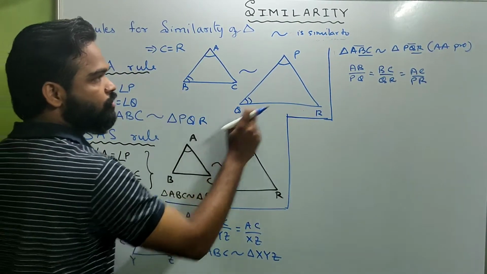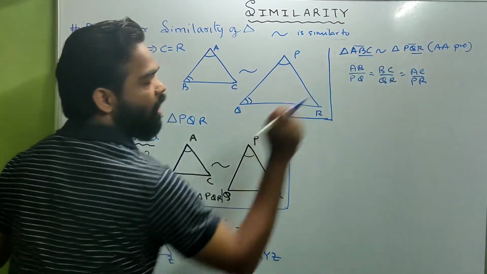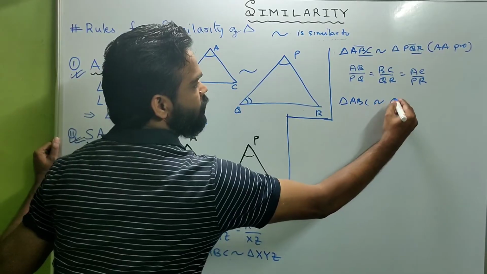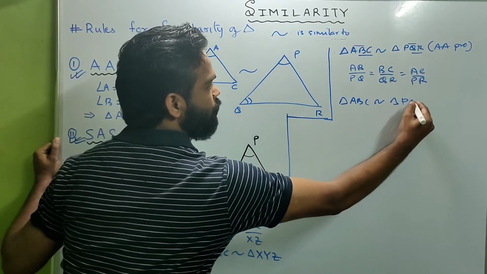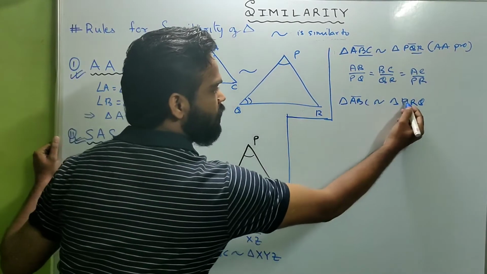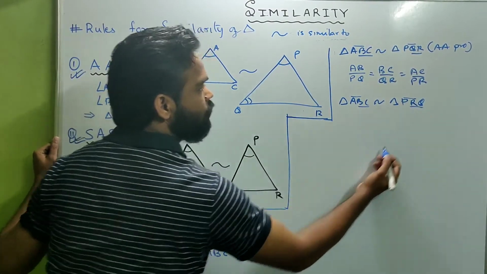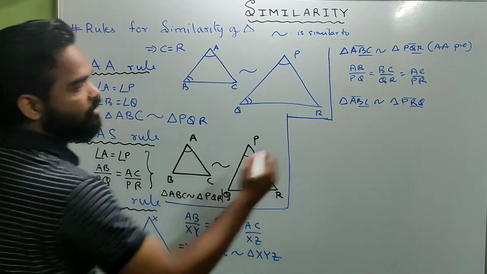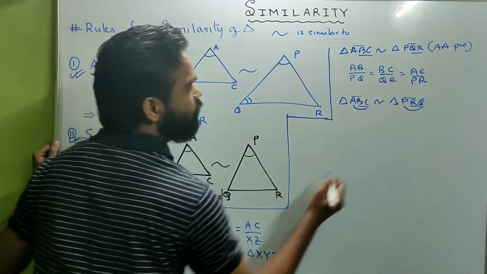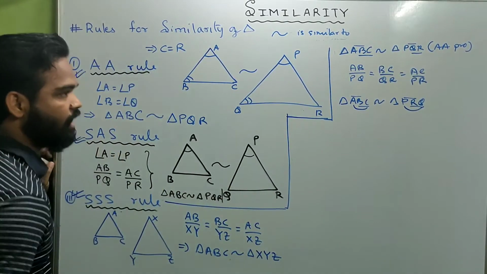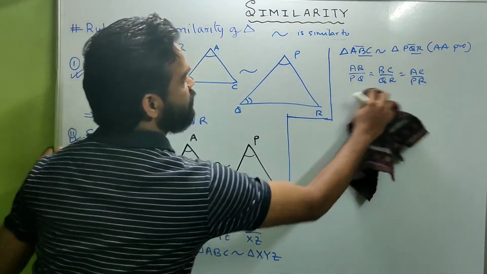Then B matches with Q, so A, B, C, P, Q, R. Don't write triangle ABC is similar to triangle PRQ, because then the vertices are not matching, and when you write AB by PR, BC by RQ, there will be a problem, because AC by PQ will be incorrect. So whenever you are writing, see that the vertices are matching.